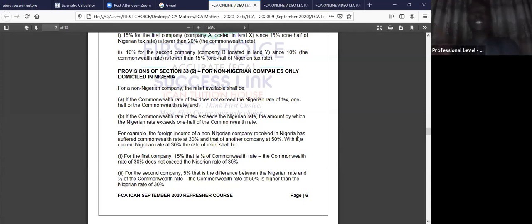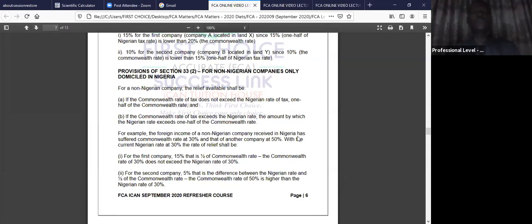Mind you, you are not comparing the Commonwealth rate which you have not sliced with the Nigerian rate. And if the Commonwealth rate is bigger than the Nigerian rate, then the amount by which the Nigerian rate is bigger than half of the Commonwealth rate is what will be charged.